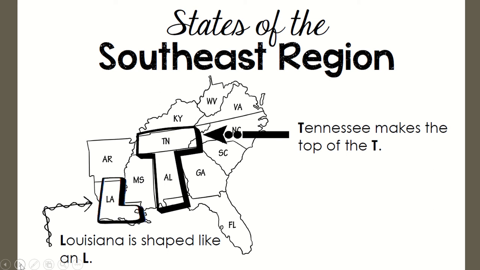Tennessee is actually the top of the T. If you look on the map, it looks like Tennessee and Alabama make the letter T, and Tennessee is the top of that T. Louisiana is shaped like an L on the bottom left. So you can remember Louisiana starts with an L and it's shaped like an L. Tennessee starts with a T and it is the top of the T.